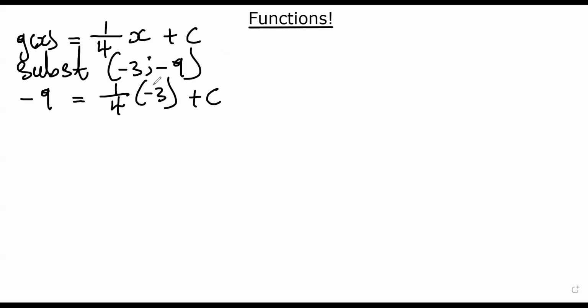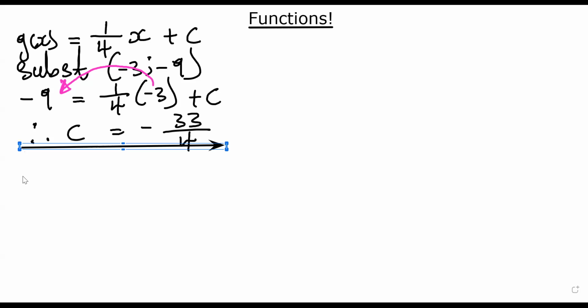And then you're simply going to take this whole thing to the left-hand side so that you can solve for c, right? So if you go to your calculator and say -9 plus 3 over 4, you simply get -33 divided by 4.